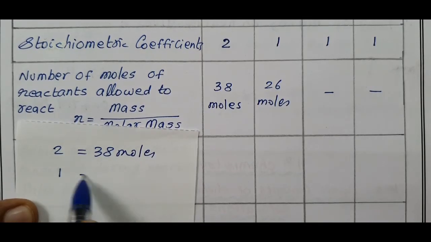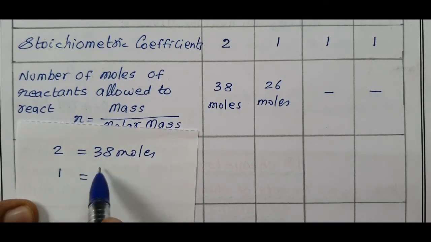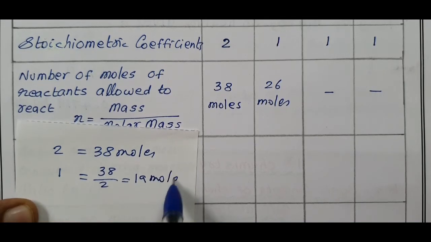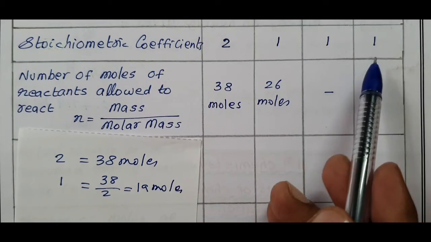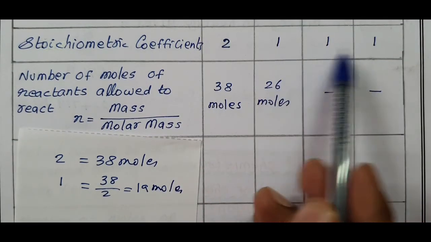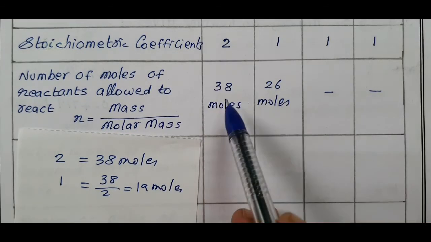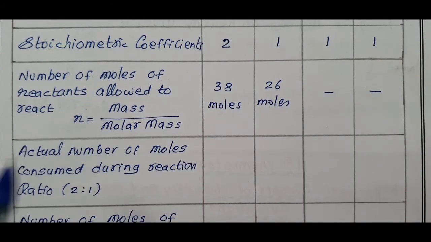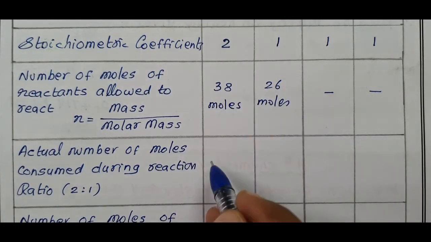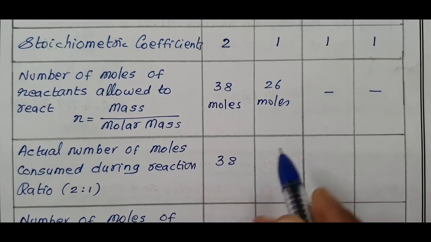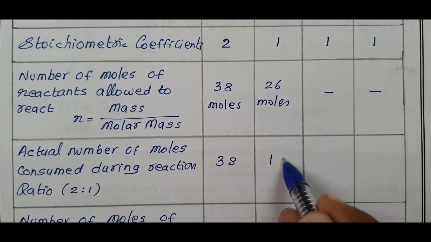What is the stoichiometric coefficient? 1. 38 by 2 equals 19 moles. In your stoichiometric coefficient, wherever you find 1, that 1 equals how many moles? 19 moles. 2 equals 38 moles. So the actual number of moles consumed during reaction: 2 moles means 38, 1 is 19 moles.